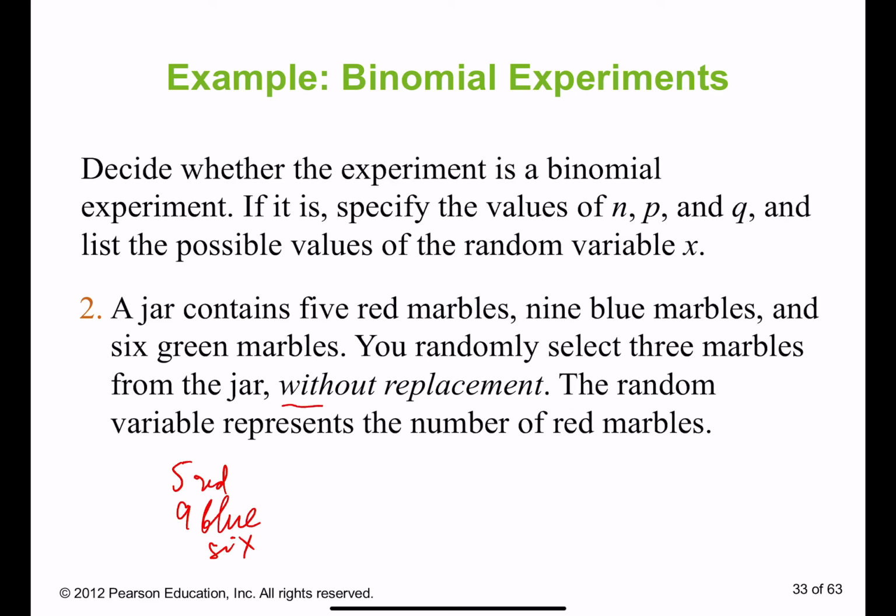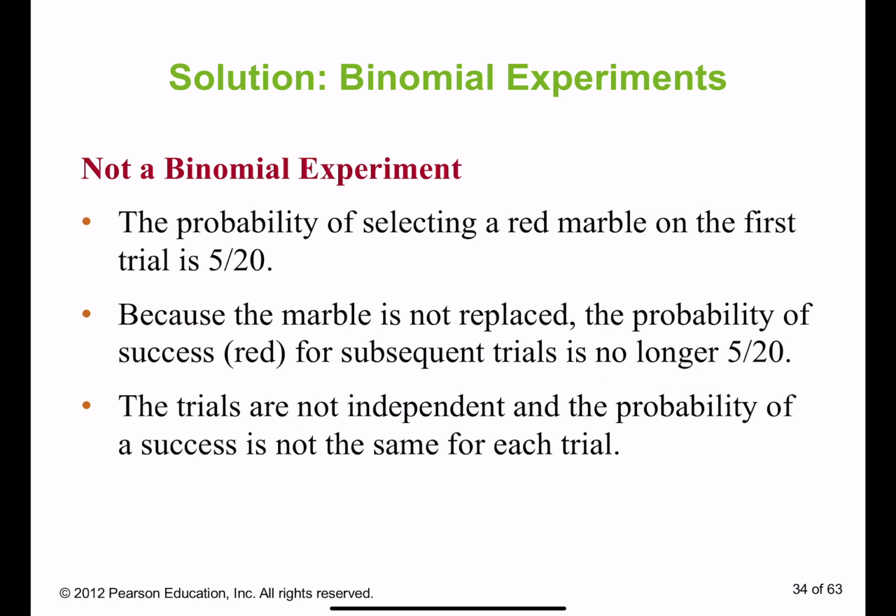Just the fact it's without replacement already makes it dependent, right? Because the amount will be less. But besides that, you picked 3 of them. So random variable represents the number of red marbles.